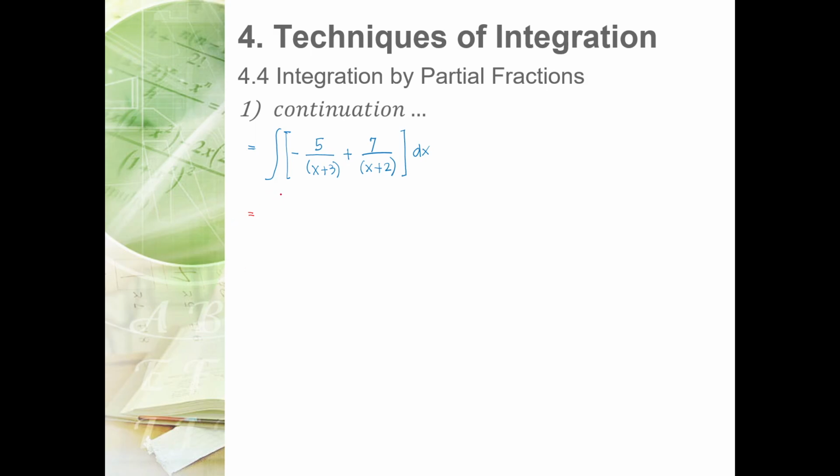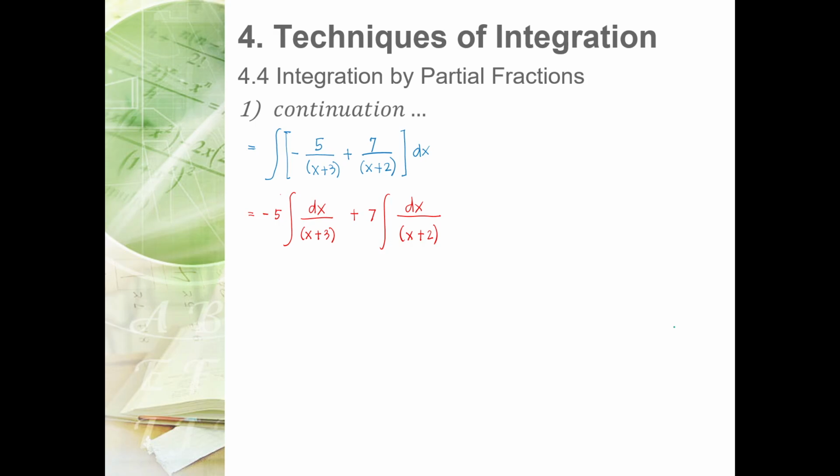So if you try to decompose this one further, we're going to have negative 5 dx all over x plus 3, then plus 7 dx over x plus 2. So again, notice that it's really in terms of ln, di ba?